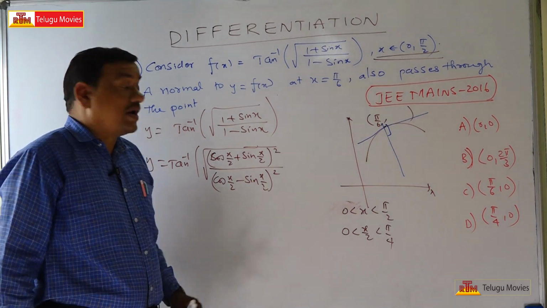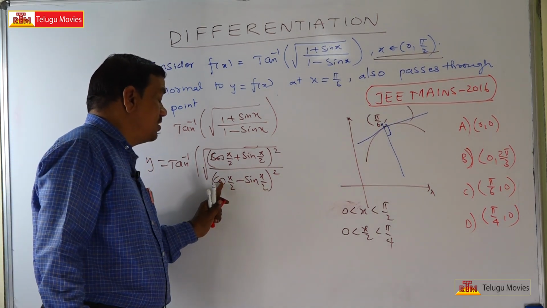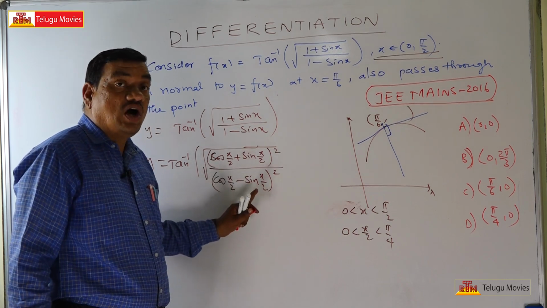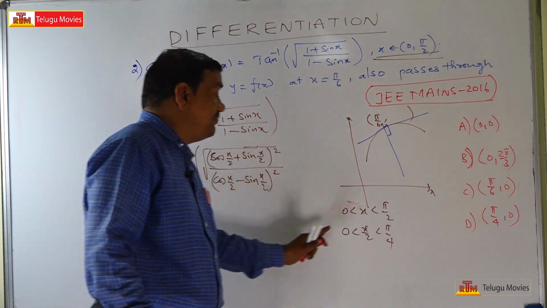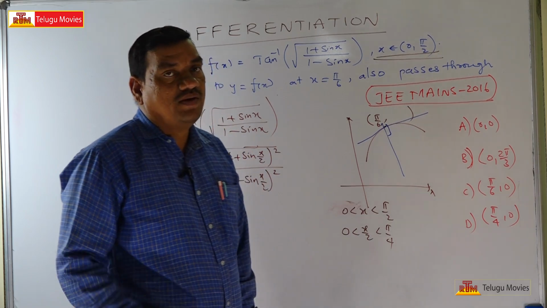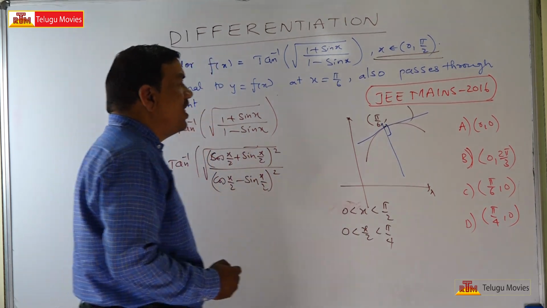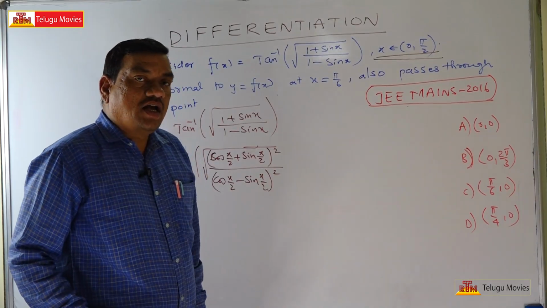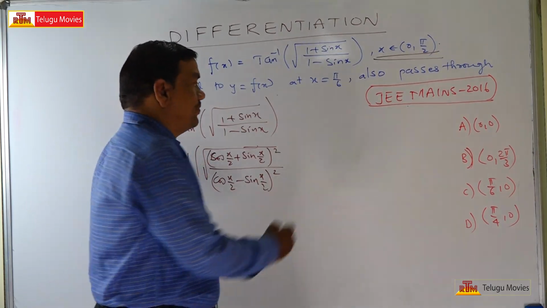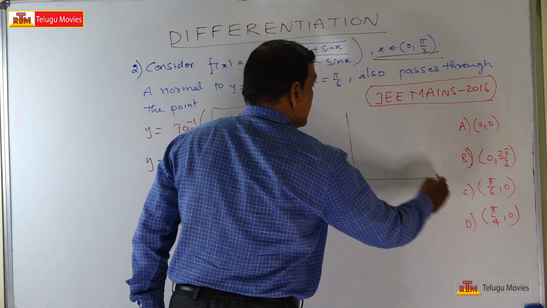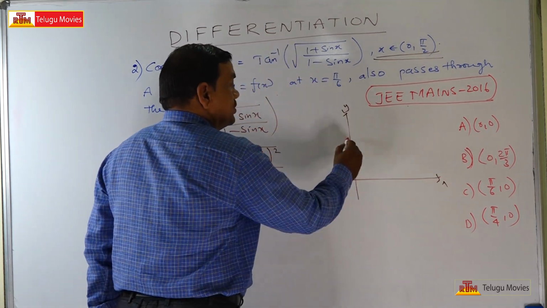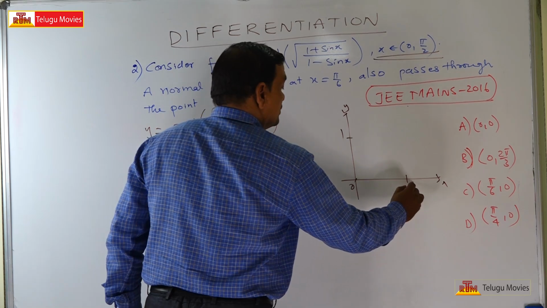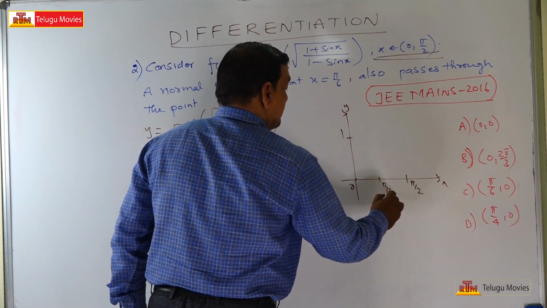In the first quadrant, observe the cos curve and sine curve between 0 to pi by 4. Let us see the curve in 0 to pi by 4. So this is the x-axis and this is the y-axis. This is 1, this is 0, this is pi by 2 and this is pi by 4.